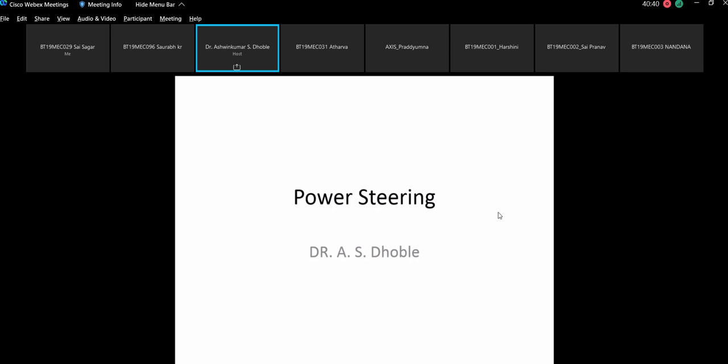Okay, and recently they have also shifted to the power steering because the problem with the ordinary steering system is that the driver will get fed up by steering and there will be a lot of fatigue. I do not know about the old Tata Indigo, but the first batch Tata Indigo was with the power steering.